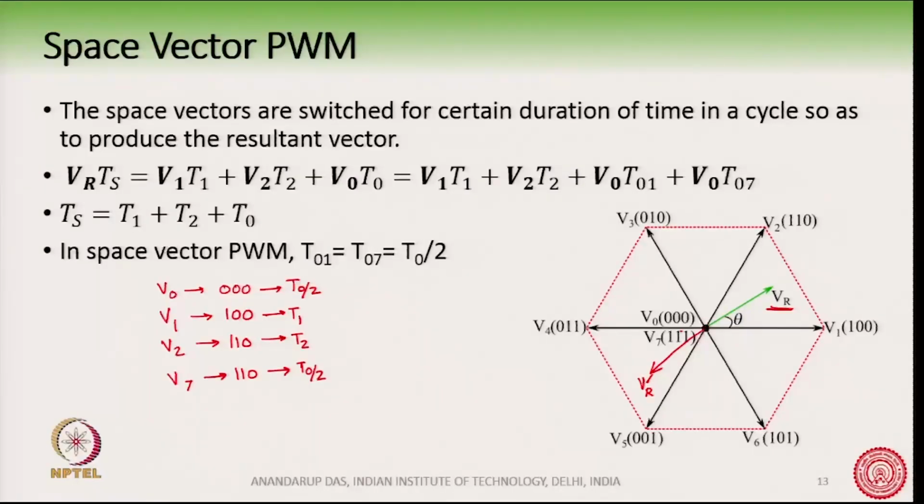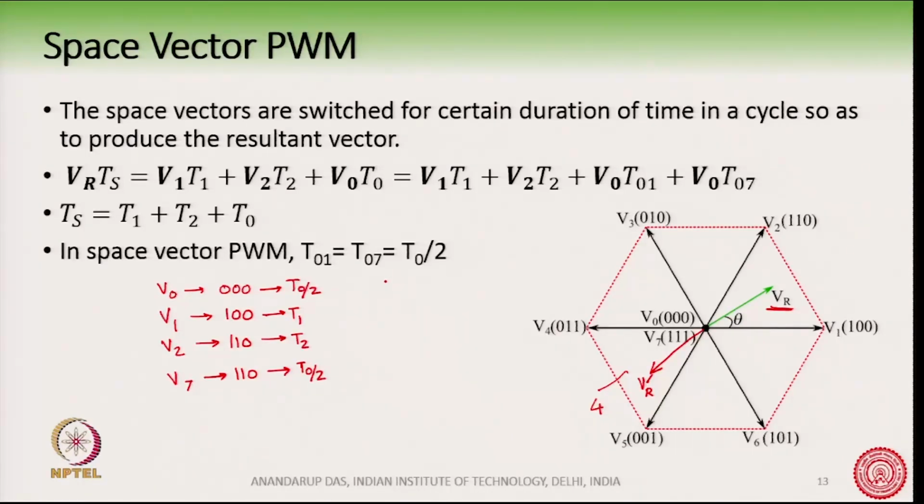Let us see that if suppose Vr dash is in sector 4, this is sector 4. If I want to realize Vr dash, I have to switch V0, V4, V5 and V7.